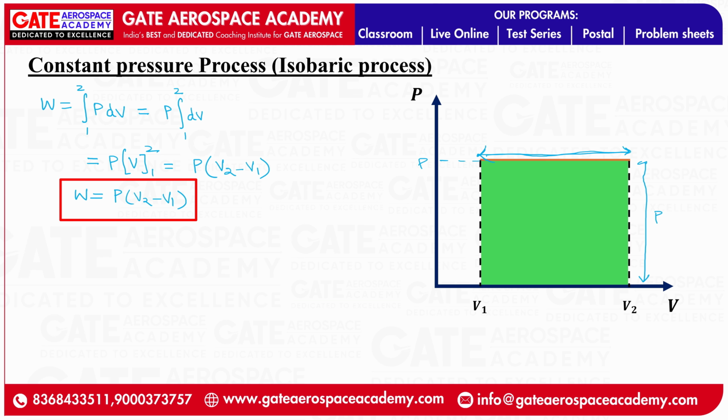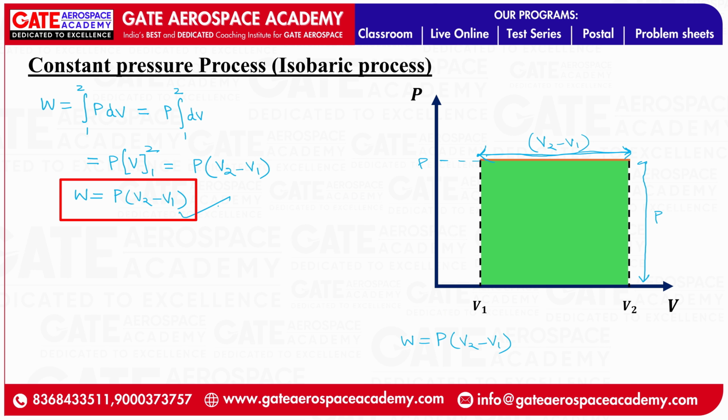That is V2 minus V1, correct? So the area of the rectangle will be P multiplied by (V2 minus V1), right? That is work done, and this is what we already got. Correct?